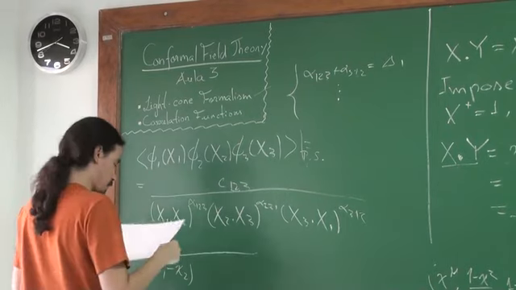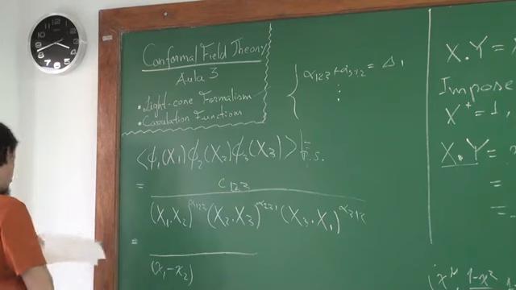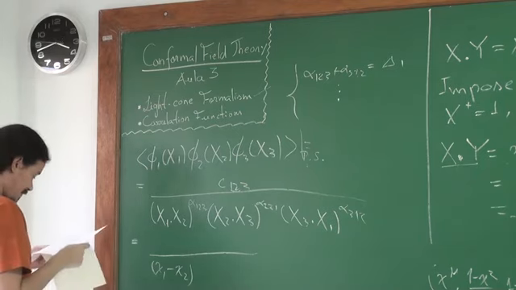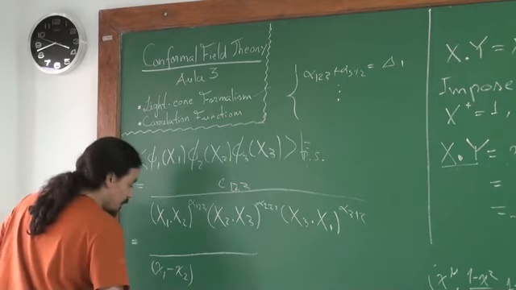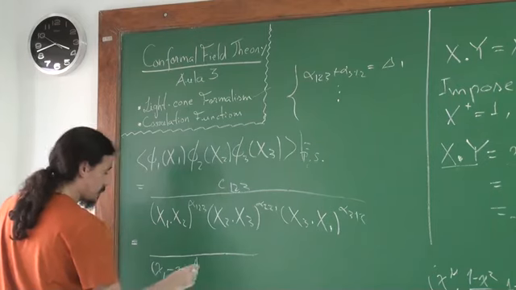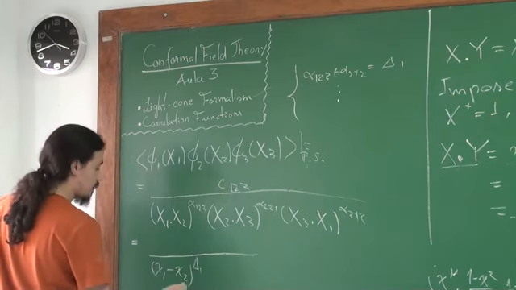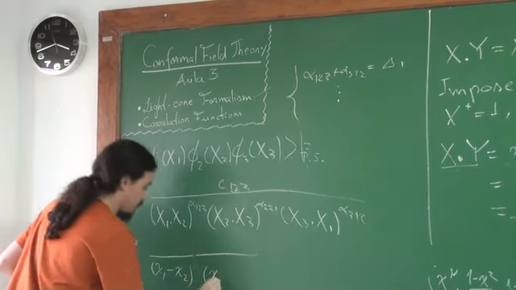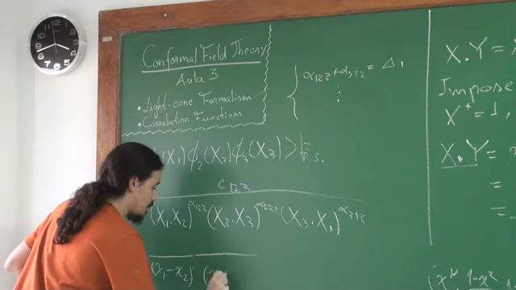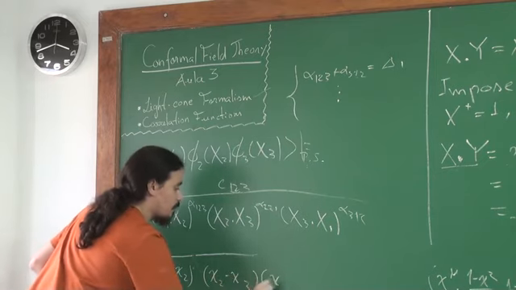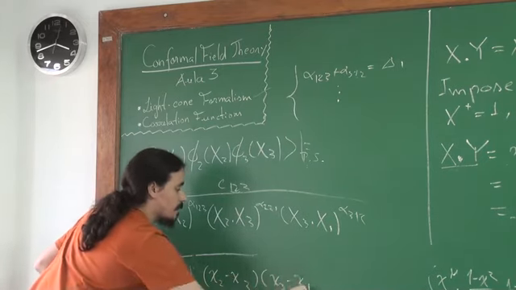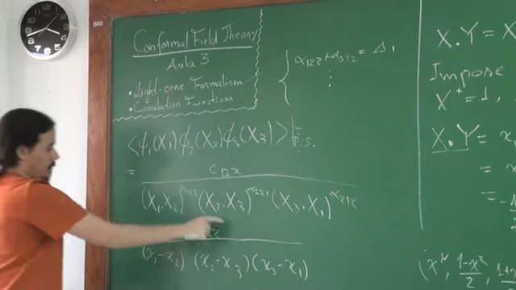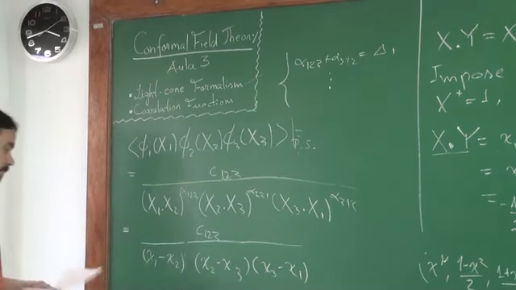And the result is just that, the scalar products become these differences. Any minus sign factors are absorbed into the constant, doesn't matter.